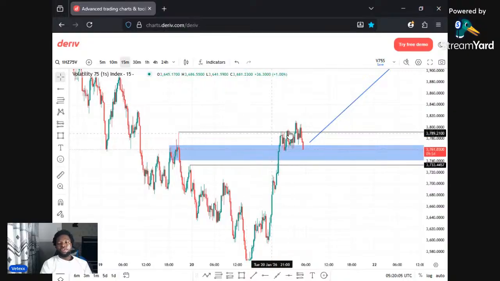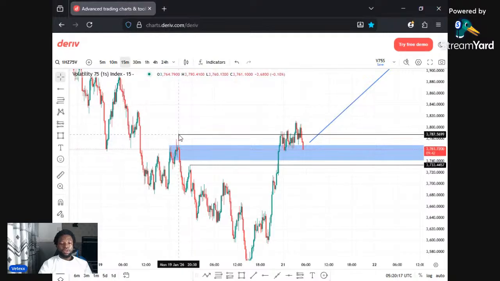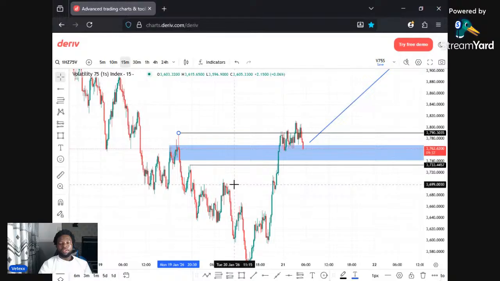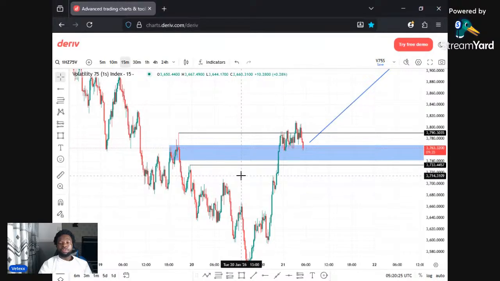It's not that the setup you are seeing on the 15 minutes time frame is wrong, but once you know where price is going on the 4 hour time frame, price will respect your continuation more than when you are seeing a lower time frame continuation on the 15 minutes time frame.